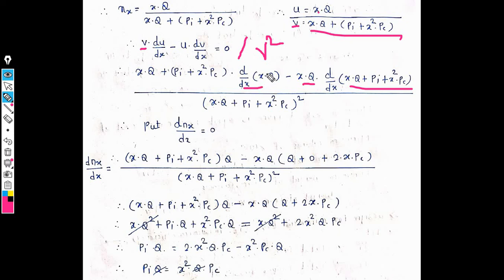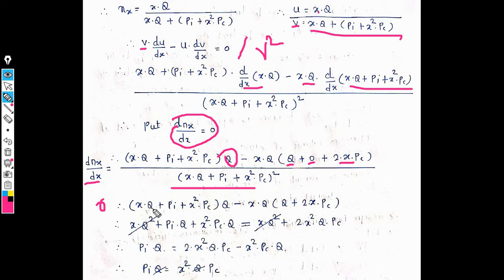The derivative of x is 1 and Q as it is. Plus the value of Pi does not consist of x, so the derivative is 0. Then x square, twice x plus Pc. Okay. Then put derivative equal to 0. Then this ratio is directly cancelled here.